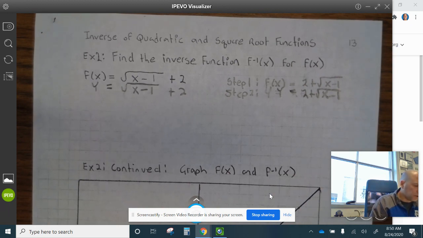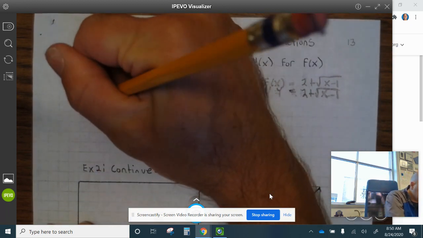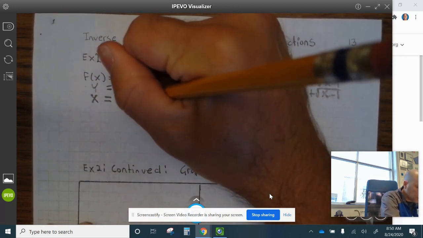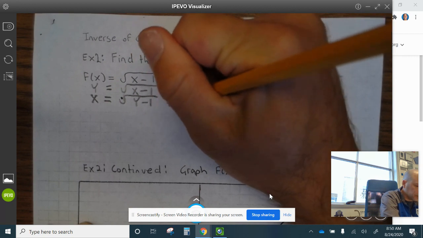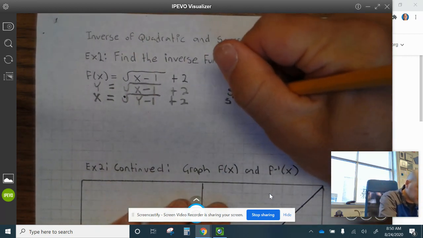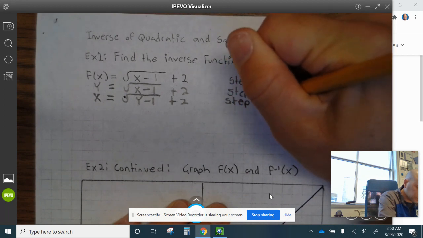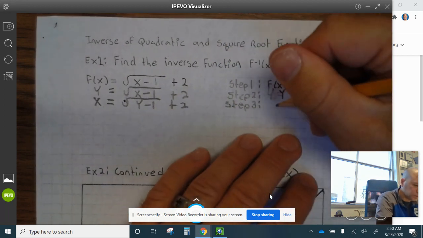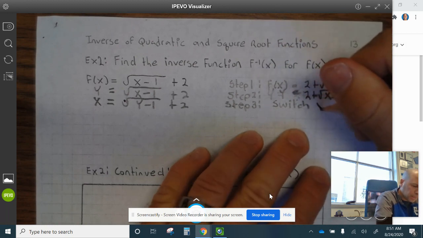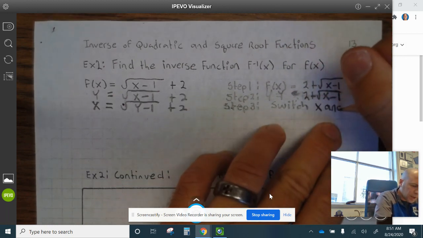Okay, now step 3, we're going to switch x and y. So x equals the square root of y minus 1 plus 2. So you're going to switch x and y.